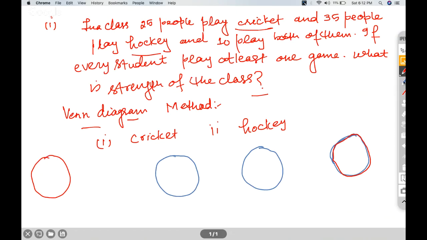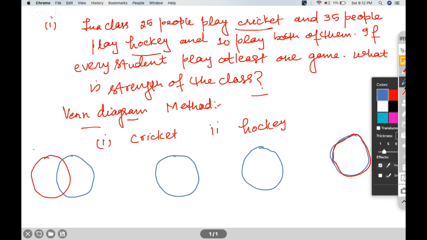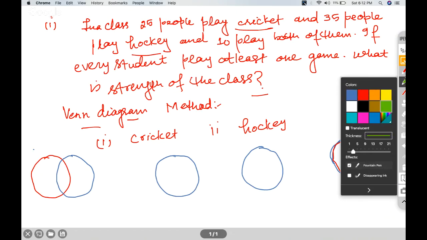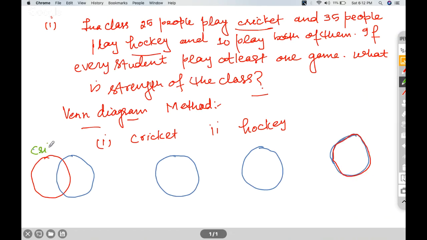In Venn diagrams, generally we draw circles intersecting with each other, and then depending on the question, we find out whether it is overlapping or separated. So this I am assuming to be cricket, and this one I am assuming to be hockey. Now the complete red circle is cricket and the complete blue circle is hockey.